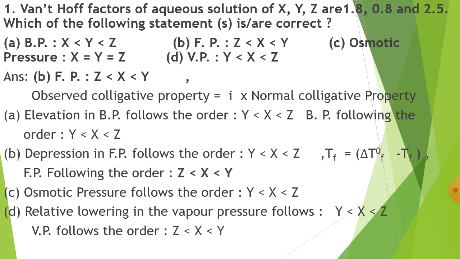It is a colligative property, so it is more for those which have a larger van 't Hoff factor. So the order should be Y less than X, X less than Z, but vapor pressure follows the order Z less than X and X less than Y. Reason: the more the non-volatile solute, the lower the vapor pressure.